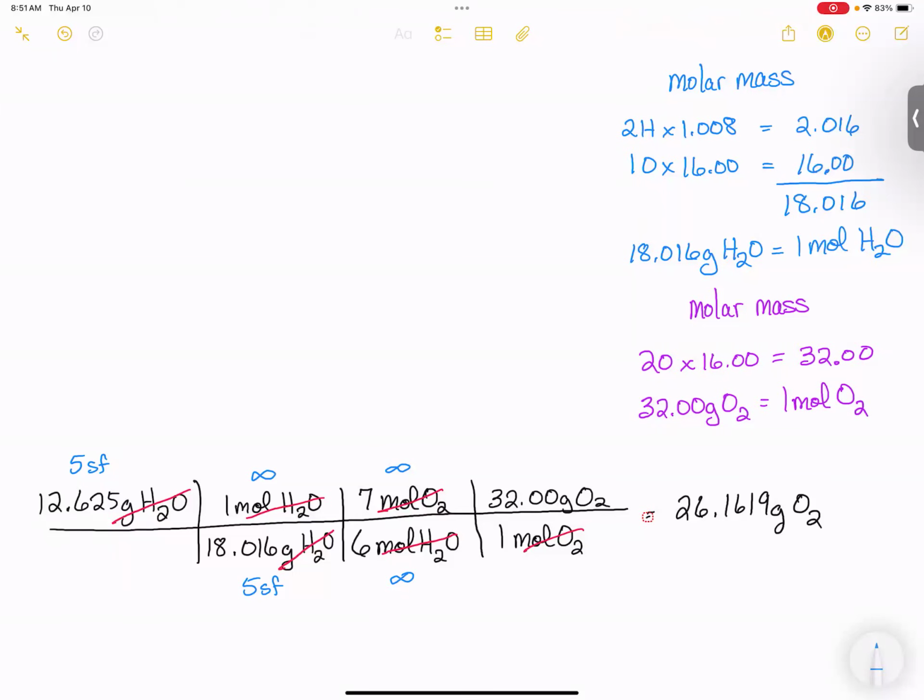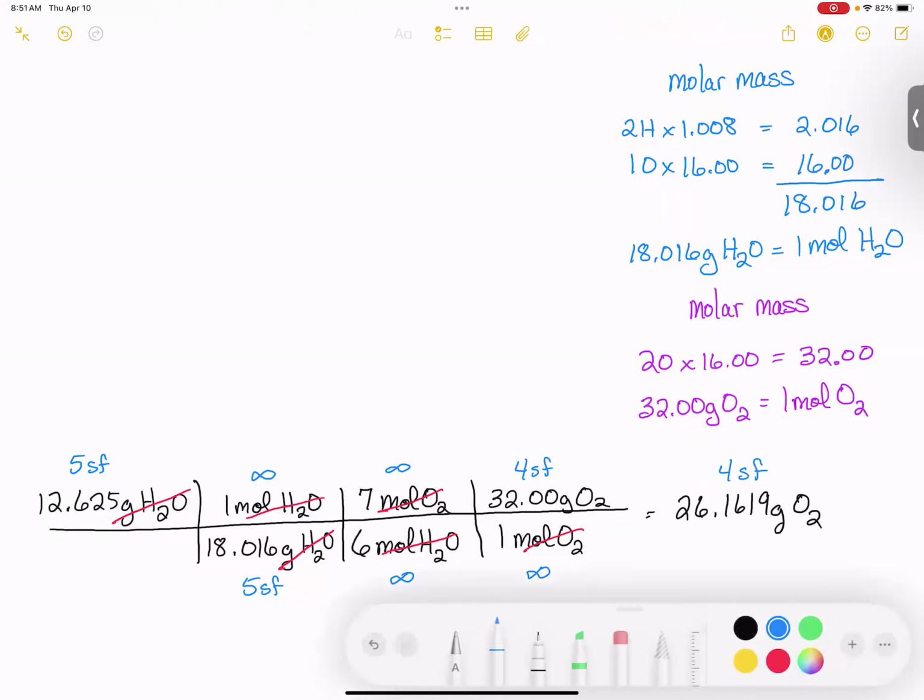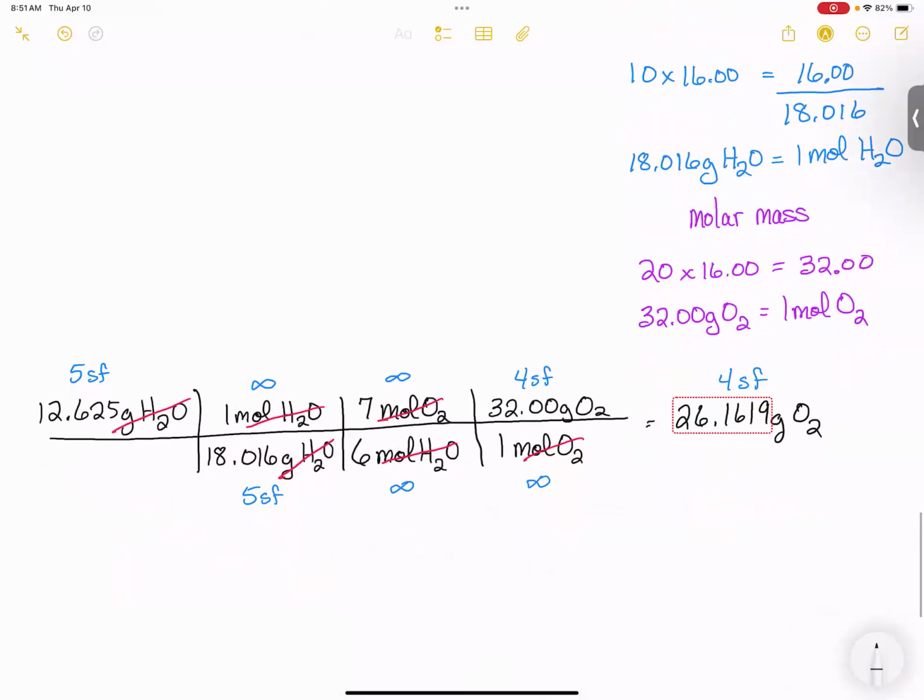The mass portion for the molar mass of oxygen has 4 significant digits, and the mole portion has an unlimited number of significant digits. Looking at this calculation, since it is multiplication and division, that means that we will use the fewest significant digits, which is 4. So our answer should only have 4 significant digits, and so you would report your answer as 26.16 grams of oxygen.